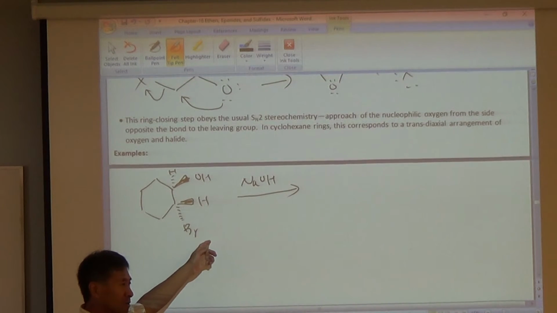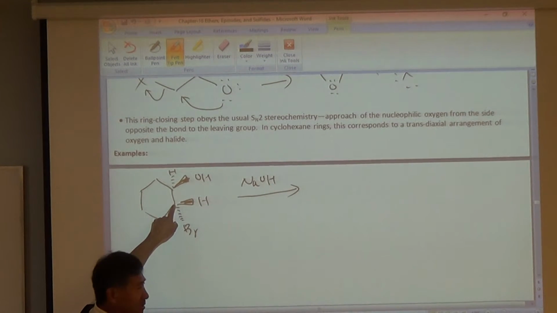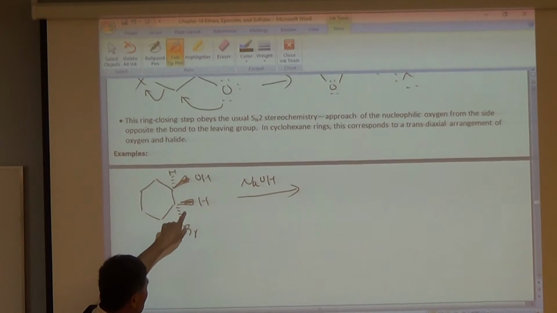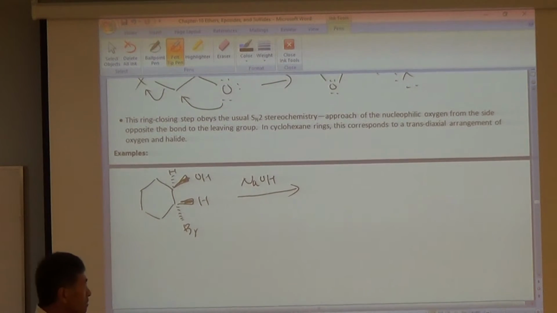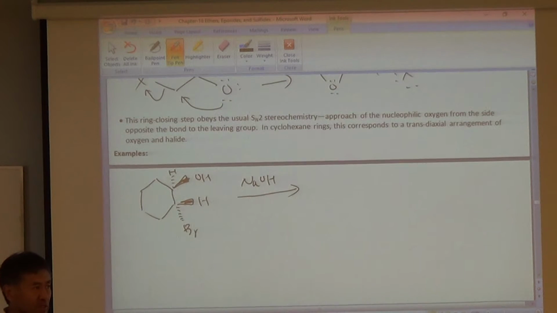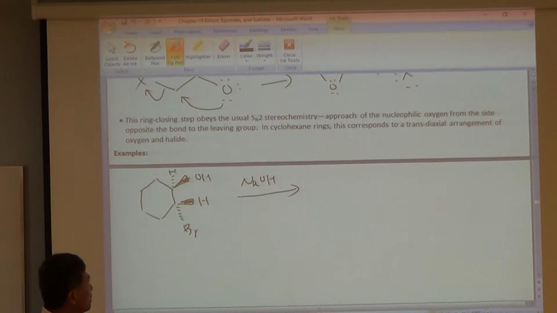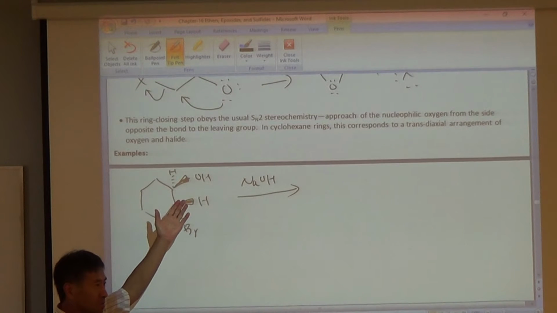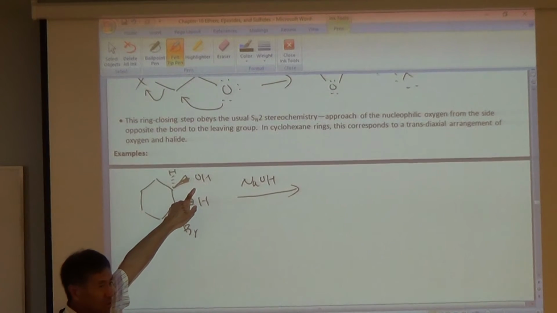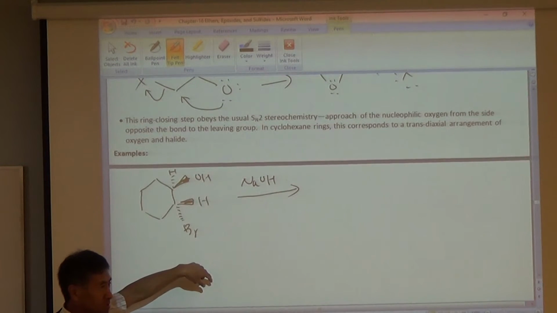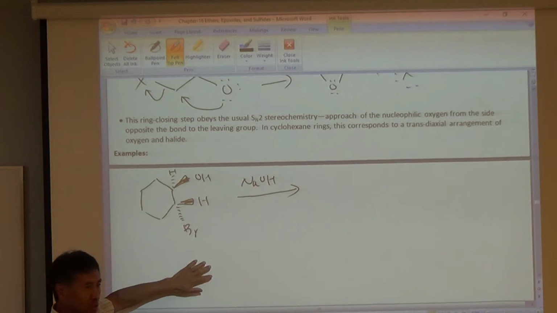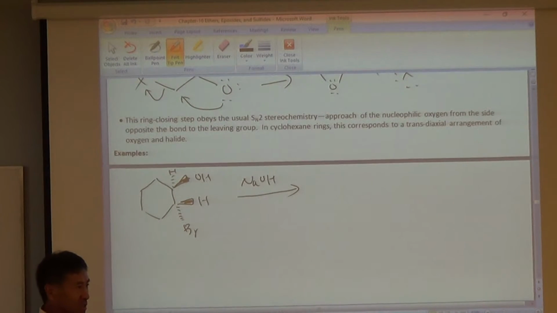So the alkoxide, our nucleophile, will attack this carbon from the top and push the Br away, and at the same time push the H below this cyclohexane. Right now this H is on the top. So when this alkoxide attacks this carbon, that will push that below, behind this screen. At the same time, the Br leaves over here. So this is called the SN2 reaction.